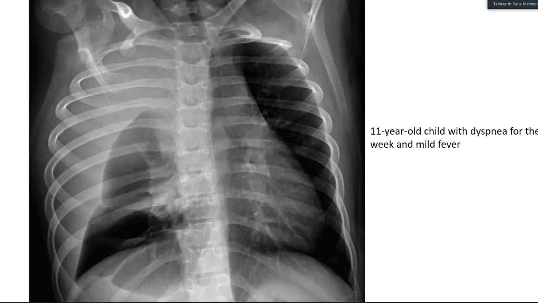Based on this, with the history of fever, I'm considering it to be a case of some infective etiology, acute onset.